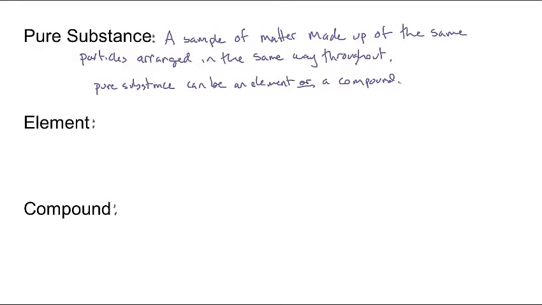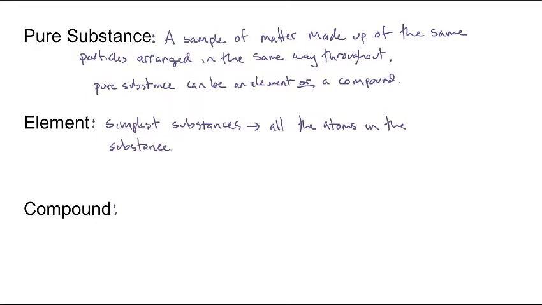Element is the simplest substance. These are the simplest substances. So all the atoms in the substance have the same number of protons, right?